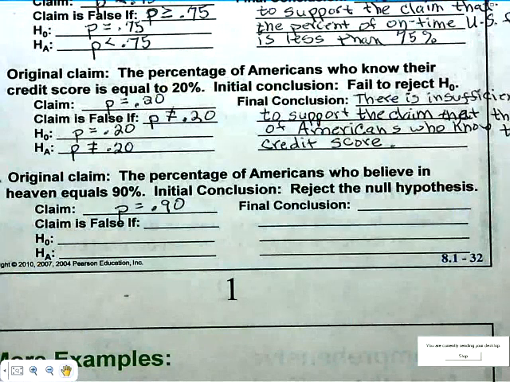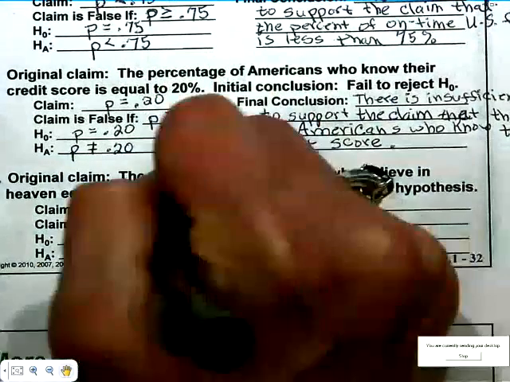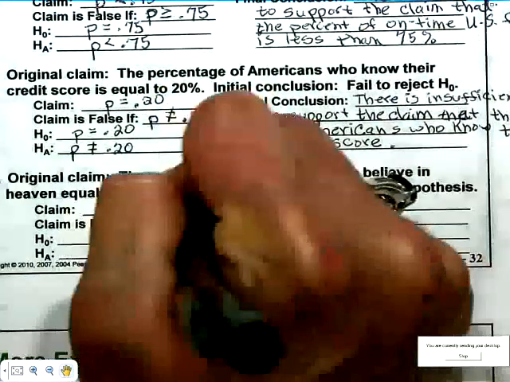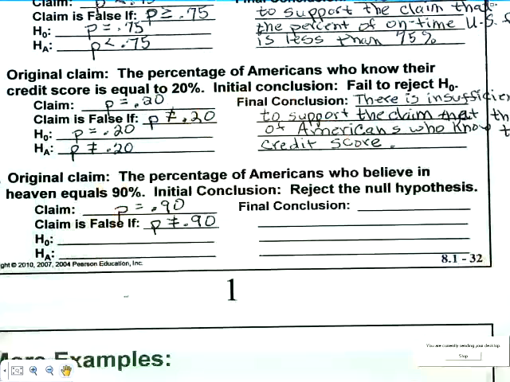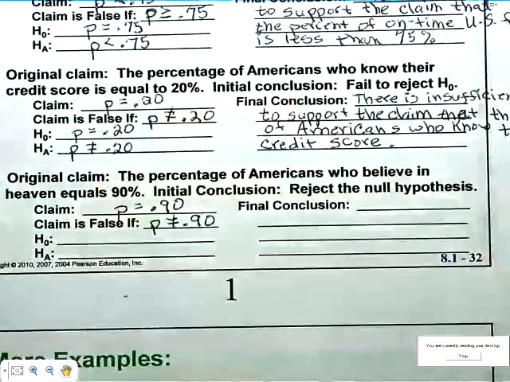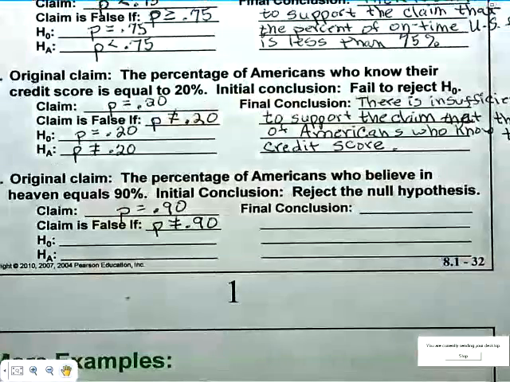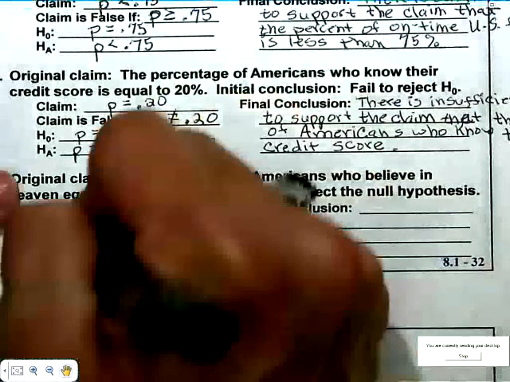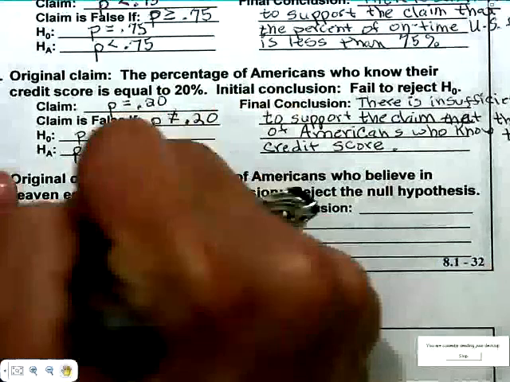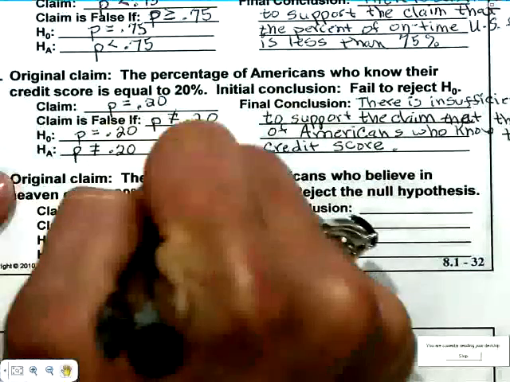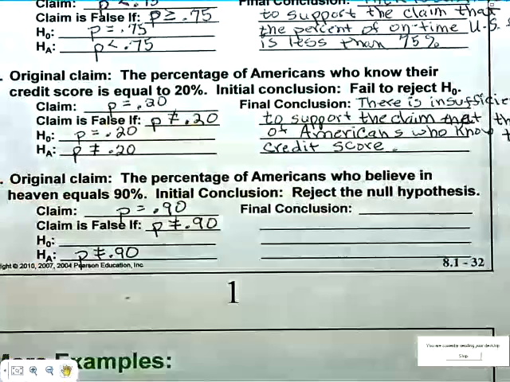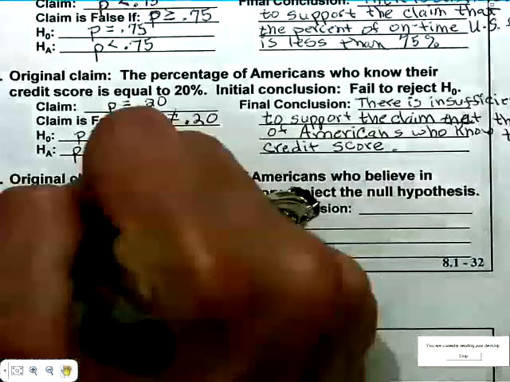So what makes the claim false? P is not equal to 0.9. So what is your alternative hypothesis? The not equal to. And what is your null hypothesis? Always equals. P equals 0.9.